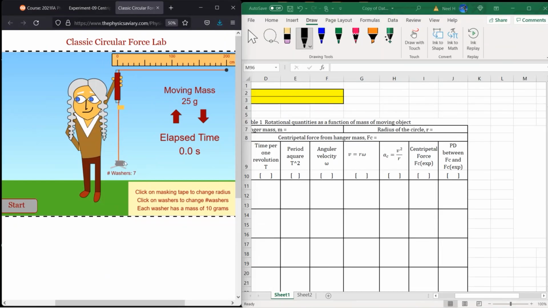In this case, it's a number of washers. You can see now I have 7; you will not see exactly the same number, and that's okay. You bring your cursor on top of the washers and start clicking, then the number of washers will change. The maximum, I think, is maybe 30 or 35, and the minimum is 5.